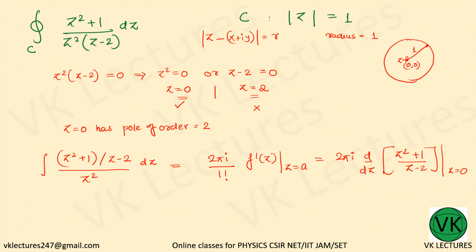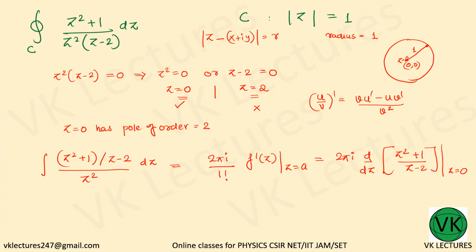Now take the first derivative of this function. So this is u by v differentiation, that's equal to v into derivative of u minus u into derivative of v, divided by the denominator, that is v squared.